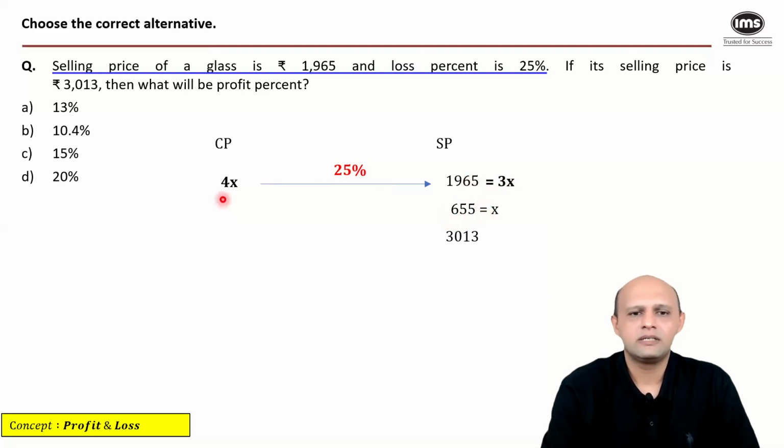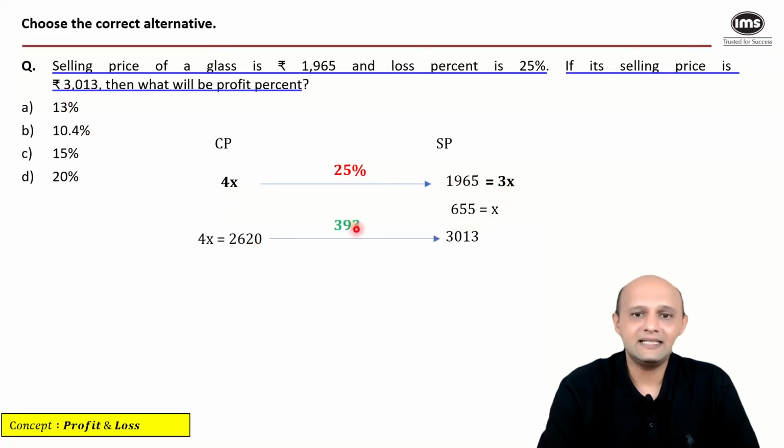655 times 4 is going to be the cost price, which is essentially how much? 2720, if I'm not mistaken. Sorry, 2620. So if the selling price is 3013, then what would be the profit percent? If this is 2620, when you increase it by 393, you get 3013.